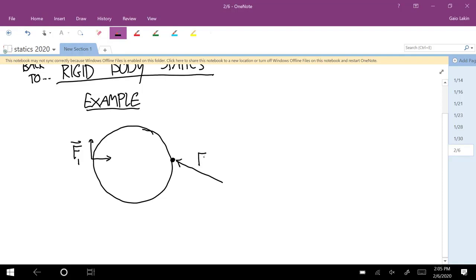It has a magnitude F2, and it makes an angle of 30 degrees with the horizontal. And then down here at the bottom, there's a couple applied. Now that couple really is two equal and opposite forces, but I'm just going to represent it as a pure moment of 450 Newton meters.